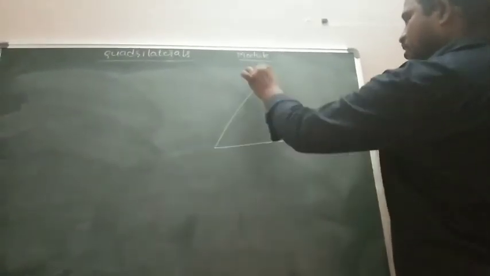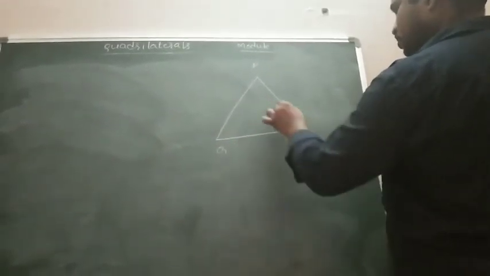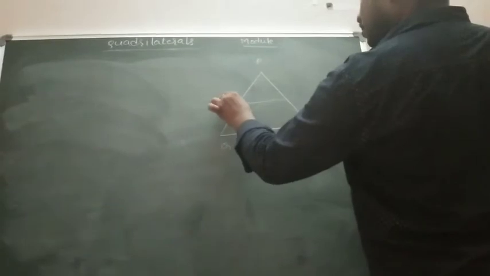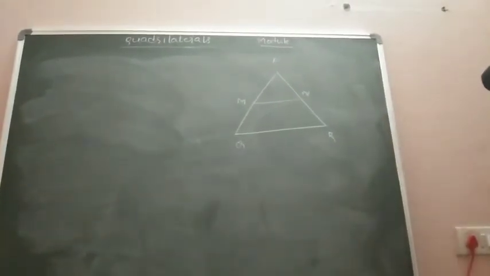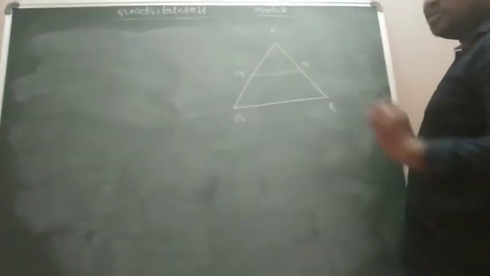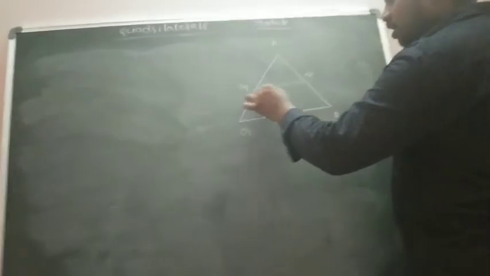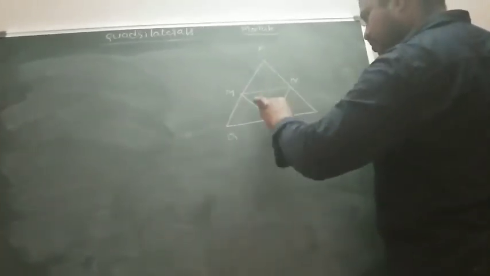This is a triangle PQR. M and N are the midpoints of PQ and PR, and O is a midpoint of QR. One simple example.